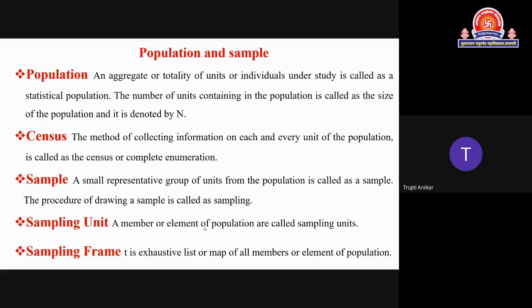The procedure of drawing a sample is called sampling. Here, a member or element of the population is called a sampling unit. Talking about the sampling frame, it is an exhaustive list or map of all members or elements of the population.